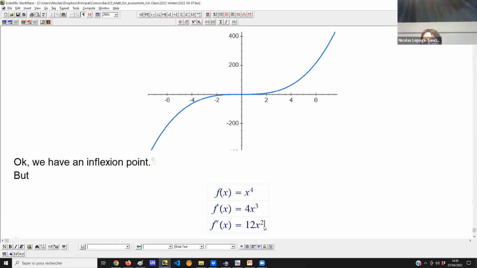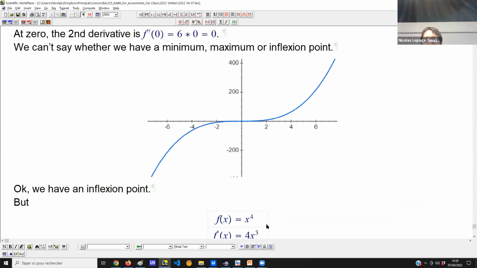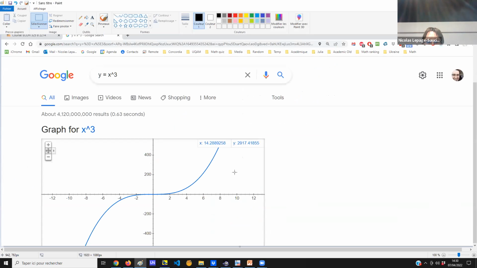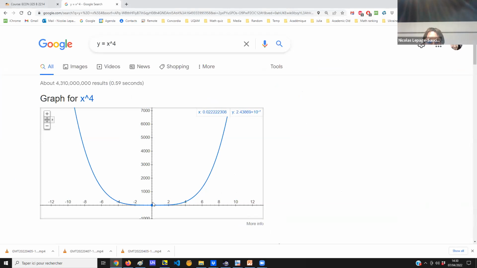Yes, exactly. So the right test to know whether you have a minimum or a maximum is you check on the left-hand side: is the function decreasing, and on the right-hand side, is the function increasing? If that's the case, you know you have a minimum.